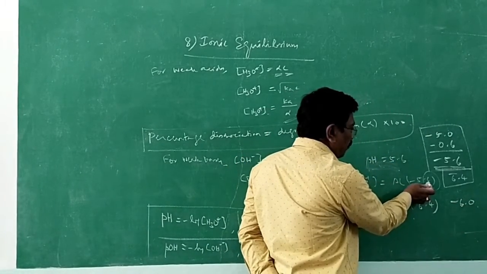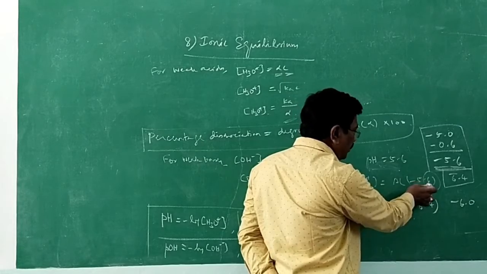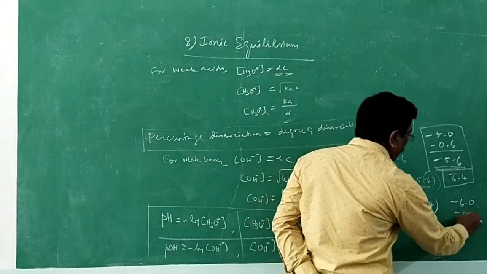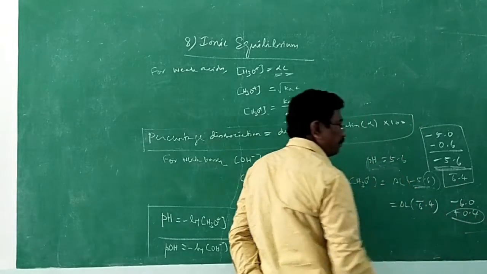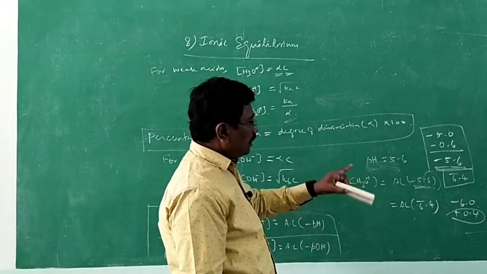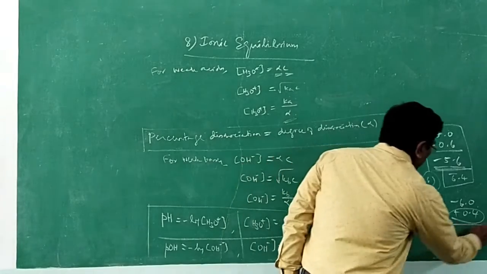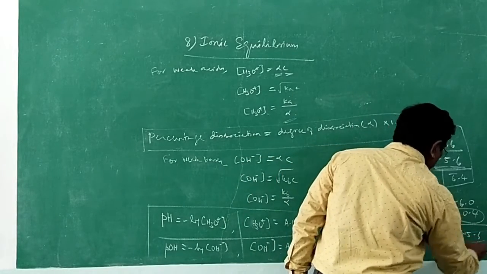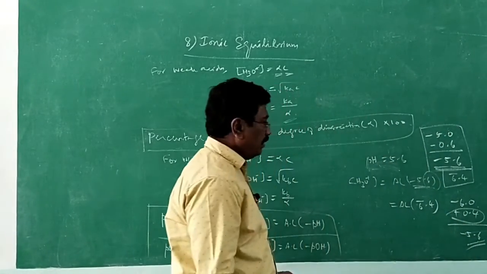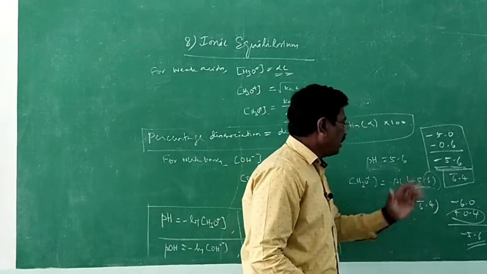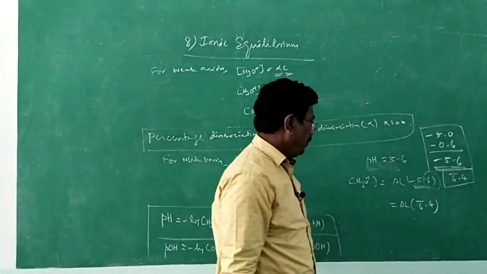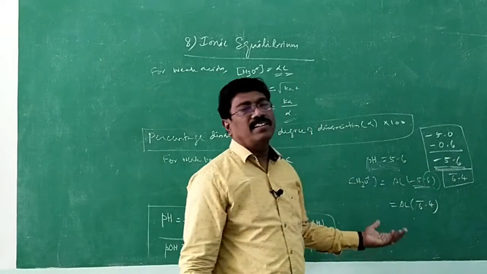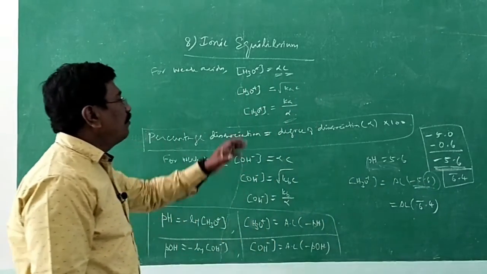And subtract 0.6 from 1; it becomes plus 0.4. This number becomes positive. Minus 6 and plus 0.4 together give minus 5.6. That's all. So minus 5.6 we have converted. Now take antilogarithm for this number: 0.4 into 10 power minus 6 will give the answer. This is how we do the calculations.